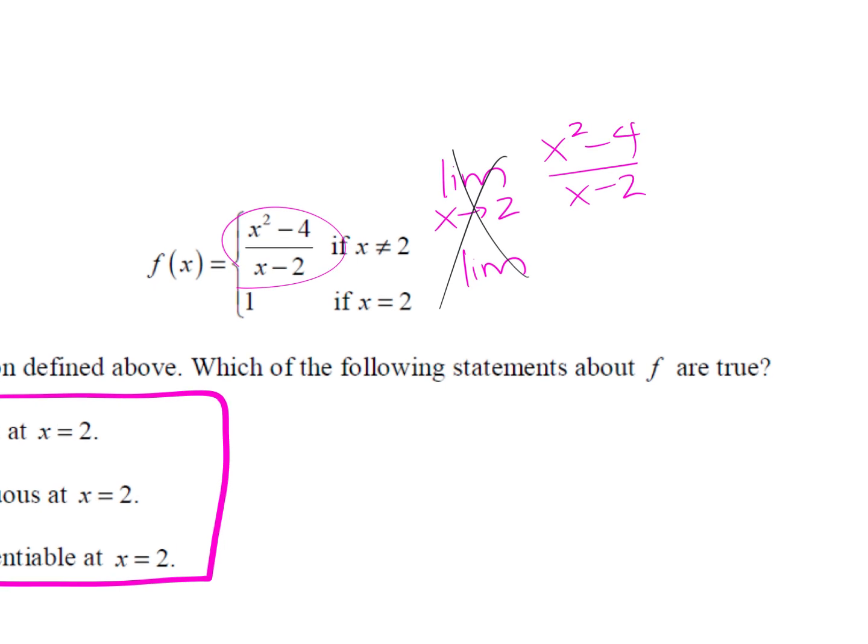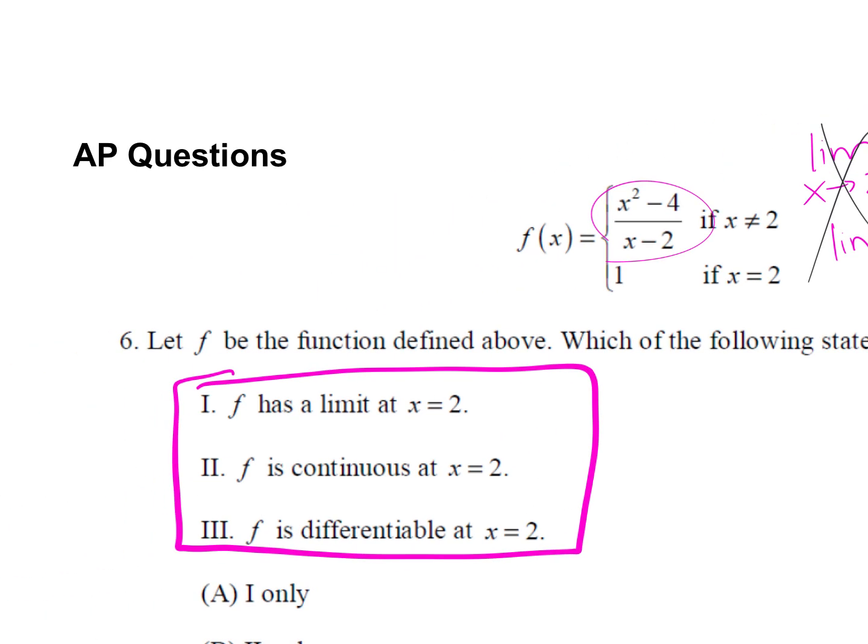I don't. Okay, so I can't plug it in. Can I factor it? Let's see. All right. Cancels. If it cancels, we just talked about this. What do we have at 2? A hole. Do we always have a limit when there's a hole? Yes. Can I now plug in 2? Yes. Do I have a limit at 2 then? Yes, I do.